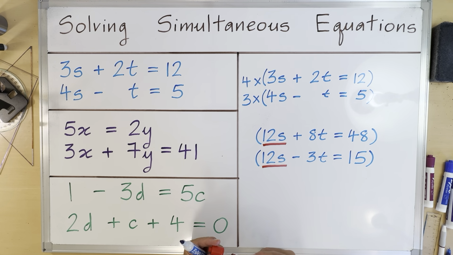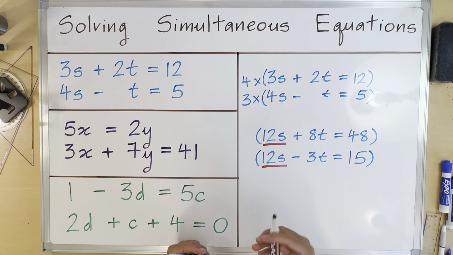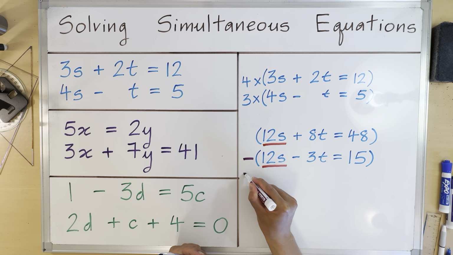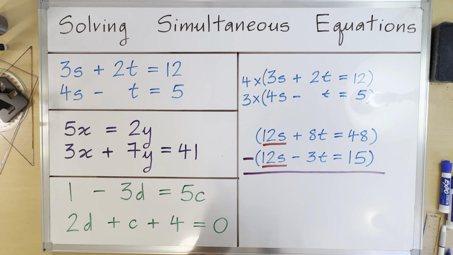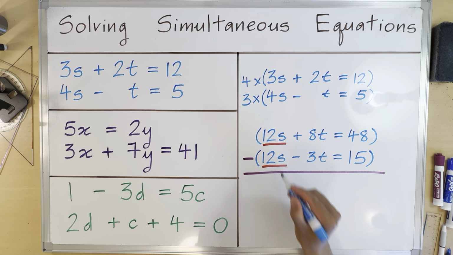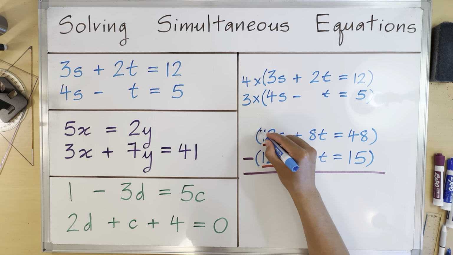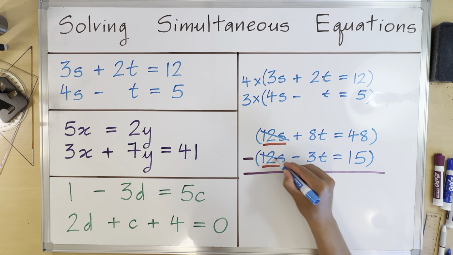So for that reason, we are going to subtract. So we're going to put a minus sign right here, draw a straight line right here. So now 12s and 12s officially cancel each other out.